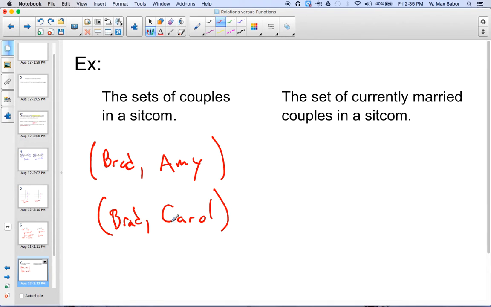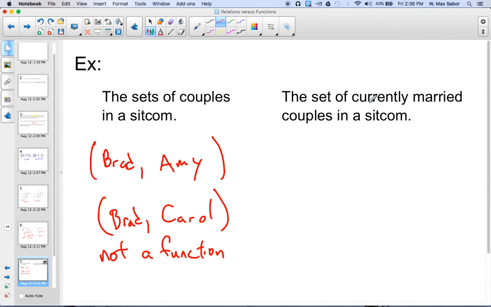Brad's cheating on one of them with the other. This is an example of not a function, because you can't say, find Brad, find who he's dating. He's dating two different people. There are two different outputs for one input.